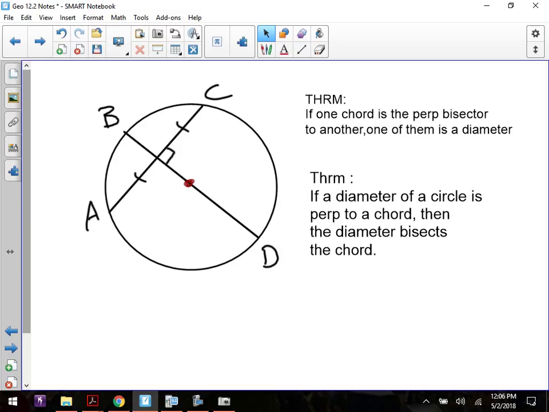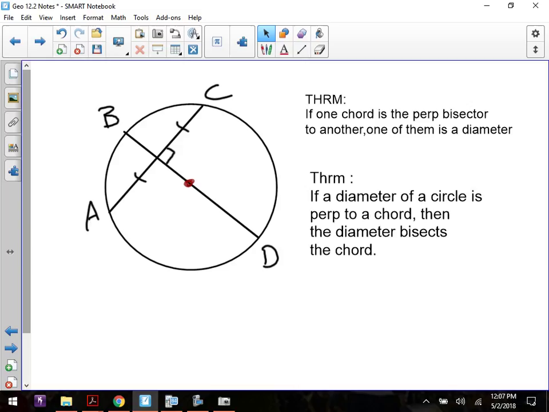It's kind of a weird way of showing that no matter how you draw it, since you have a circle, when you have a chord going through the circle, since the diameter is going to be perpendicular to it and bisecting it, that means it has to go through the center of the circle.